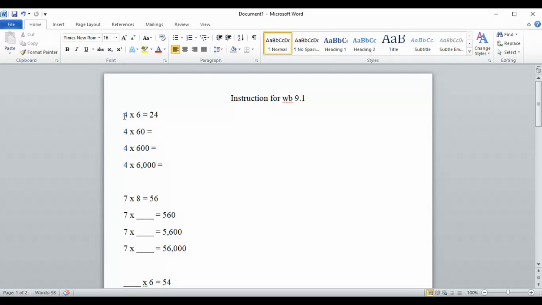So if you look here, we have 4 times 6 equals 24. I'm sure that's not any challenge at all to you. But then right here we have 4 times 60. So the way that I like to do this is 4 groups of 60. I like to say, okay, well, 4 times 6 is 24, but this isn't plain old 6, it's 60.